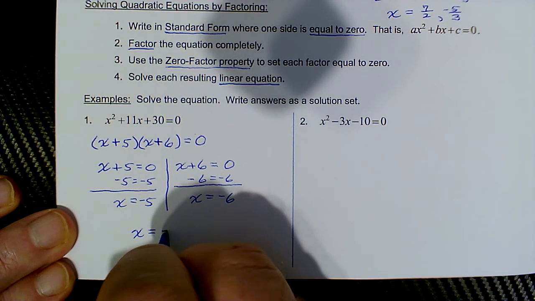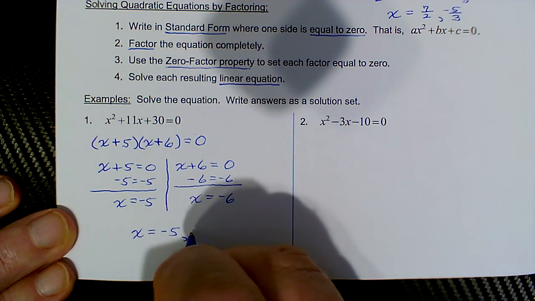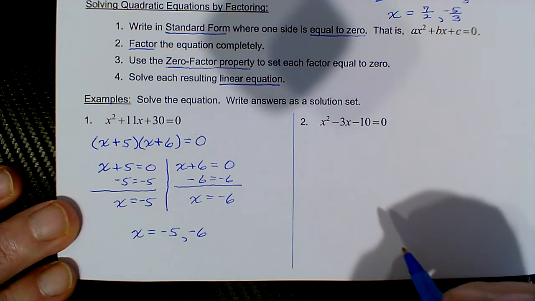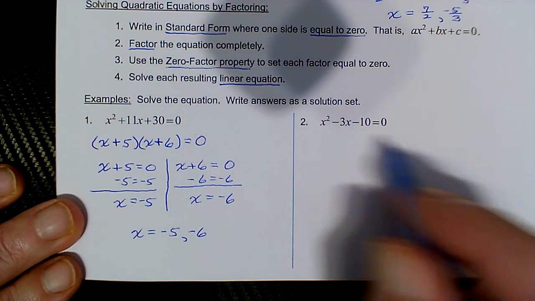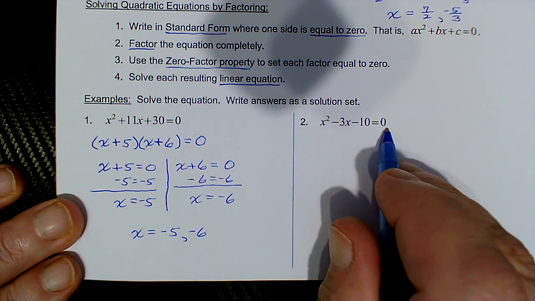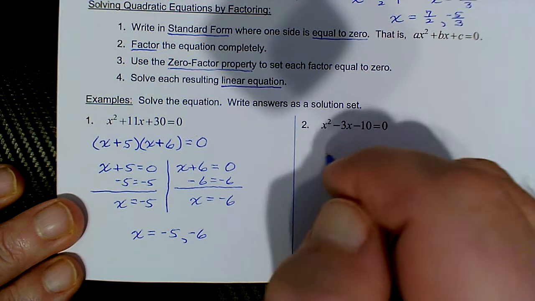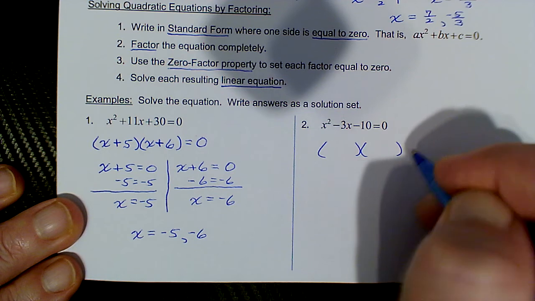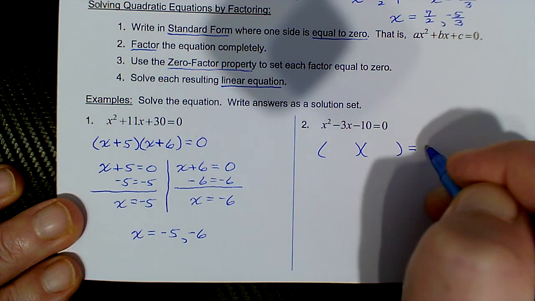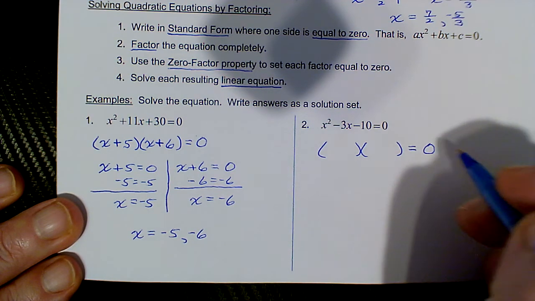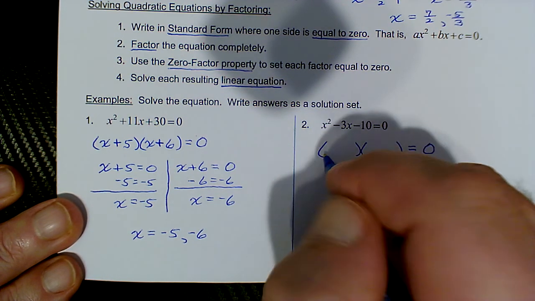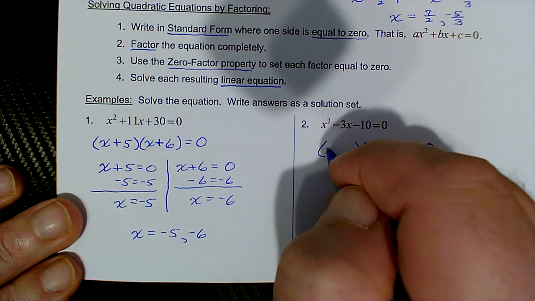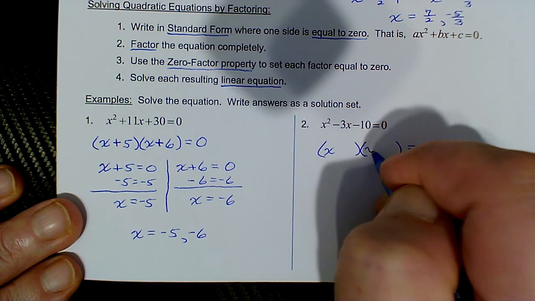So to summarize the results, again, you could say x is equal to negative 5, comma, negative 6. Okay, here's just another example for practice. And once again, we'll reverse the FOIL method. Make sure you state it's equal to 0. And these are the easy ones when the coefficient of the x squared term is 1, because all we have to do is put an x and an x.